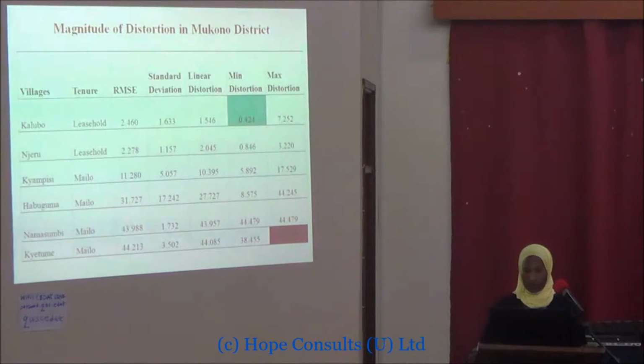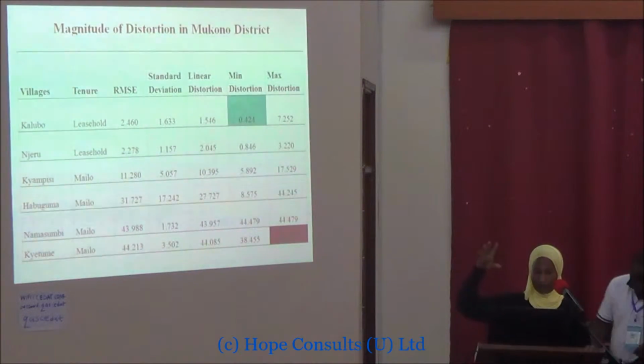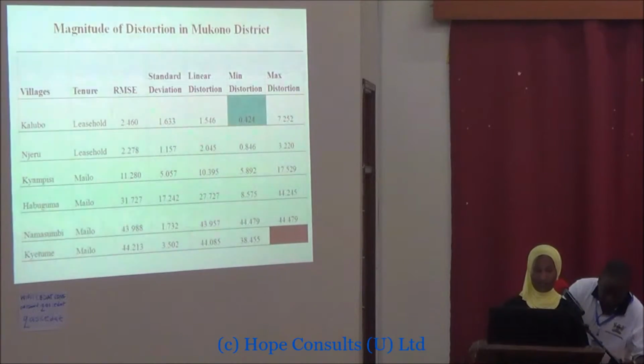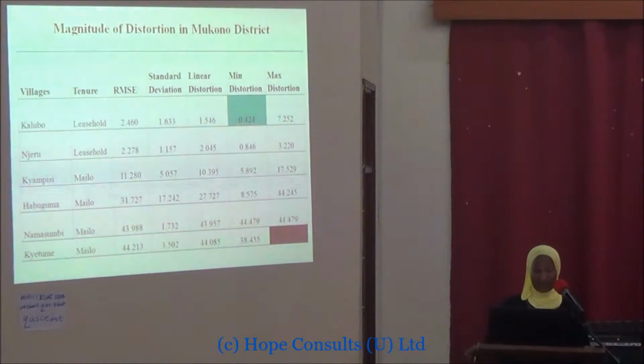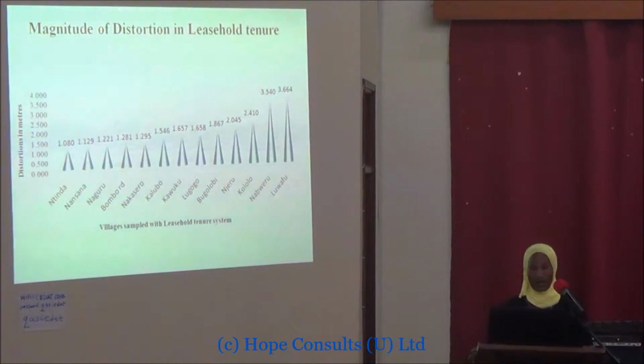And then Mukono had worse distortions than the rest of the 2, because we had 15 meters, and I considered this as my biggest distortion of the study, because the other one was a uniform distortion which came from some result that we'll see later on. Then Kaluko had the least distortion of 0.4 meters.